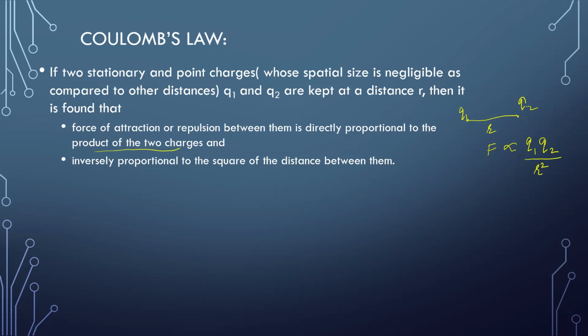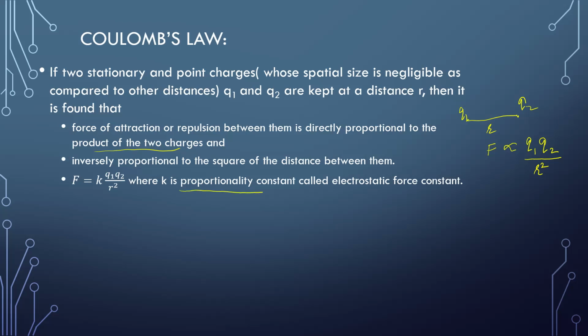According to the statement, F is proportional to Q1 Q2 upon r square. In order to remove the proportionality sign, we introduce a constant K, so F is equal to K Q1 Q2 upon r square.